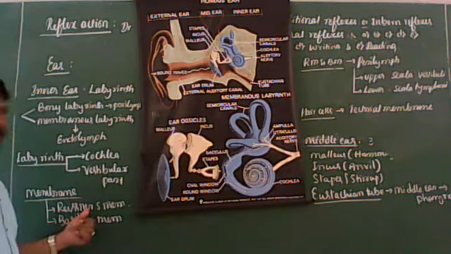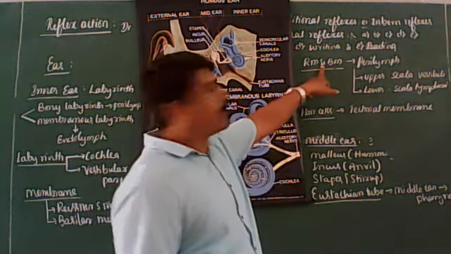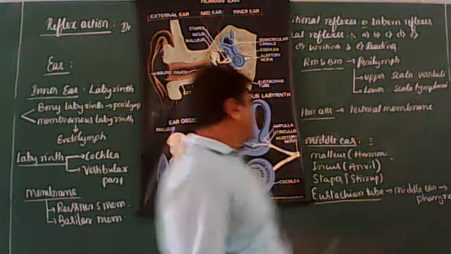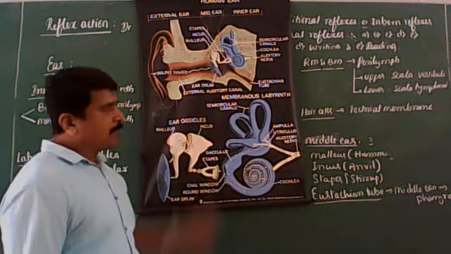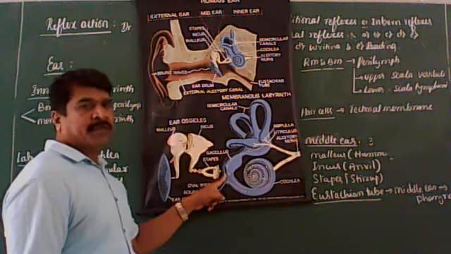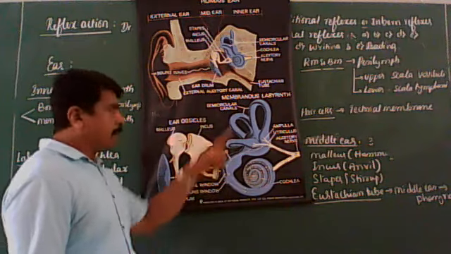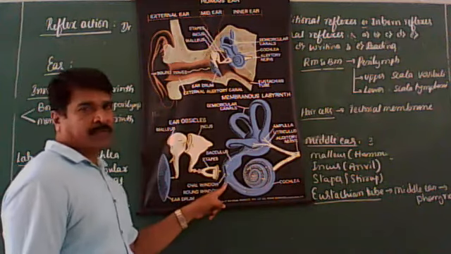Membrane is of two types: Reissner's membrane and basilar membrane. Both divide the surrounding perilymph into upper scala vestibuli and lower scala tympani. At the base of the cochlea, scala vestibuli ends at the oval window, called fenestra ovalis, and the scala tympani ends at the round window, called fenestra rotunda.